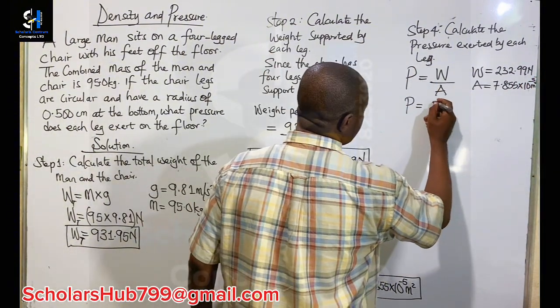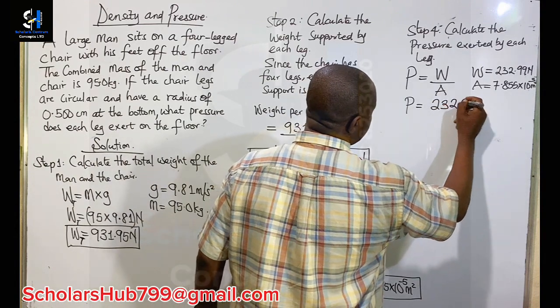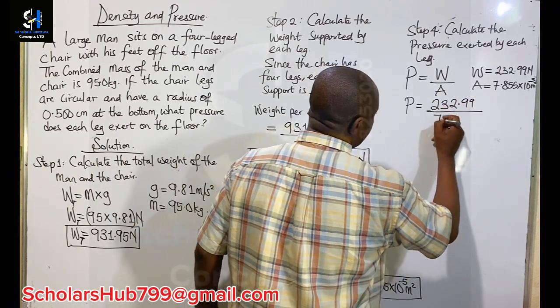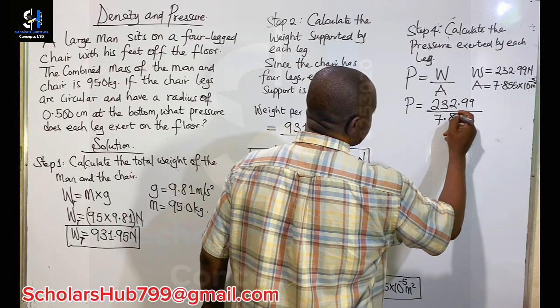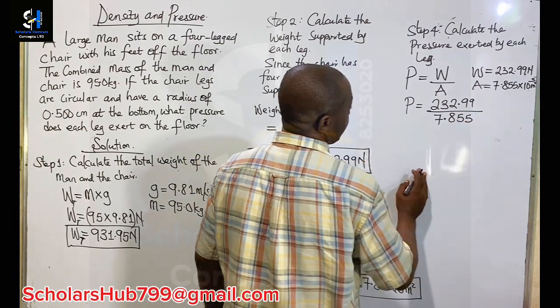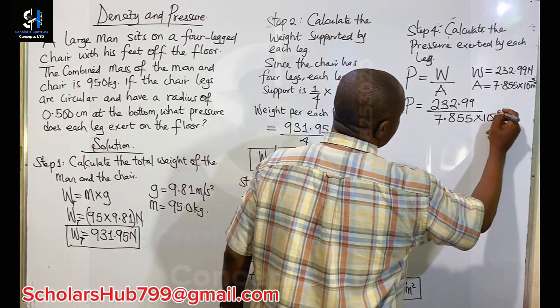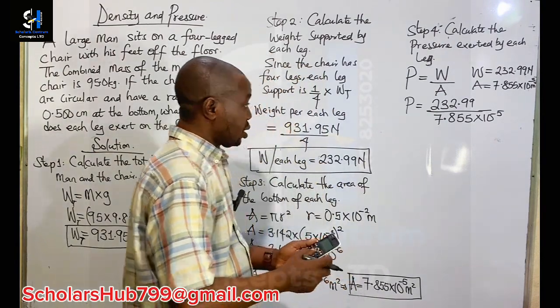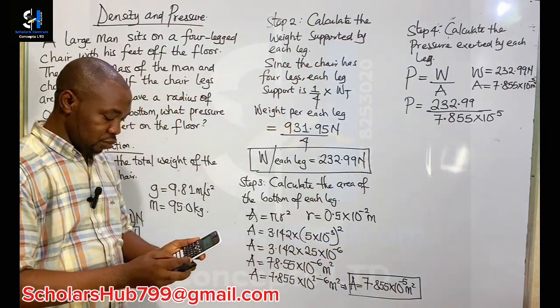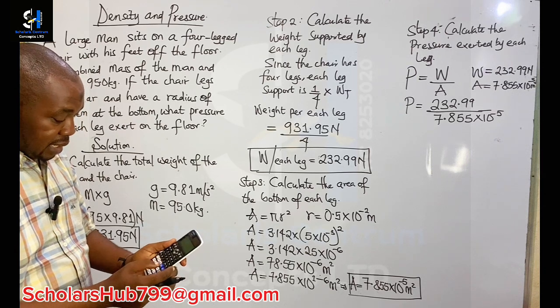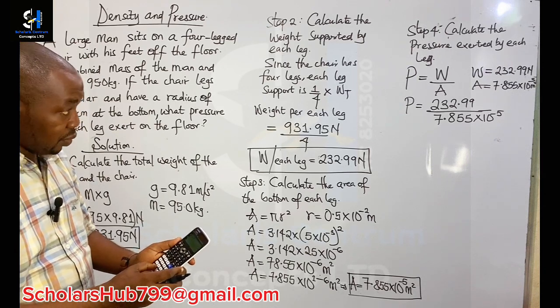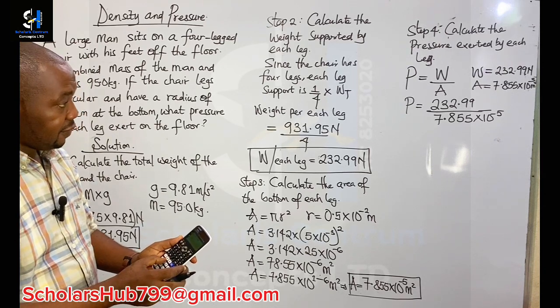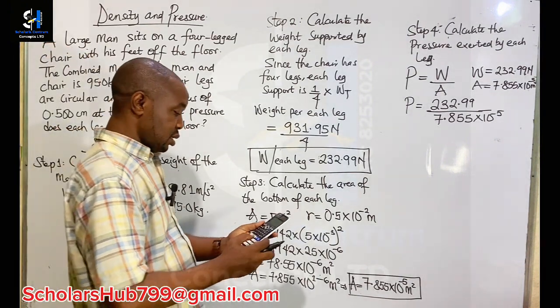So this would be 232.99 over 7.855 times 10 raised to the power of negative 5. So 232.99 divided by 7.855.